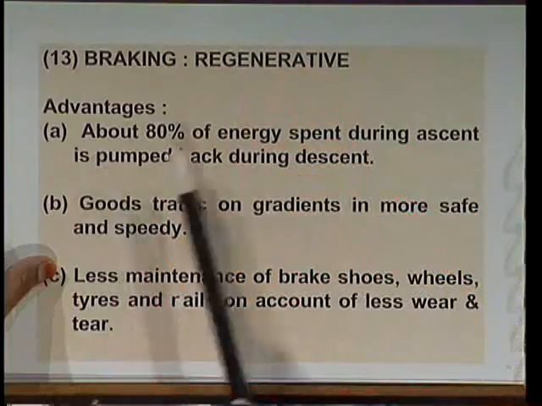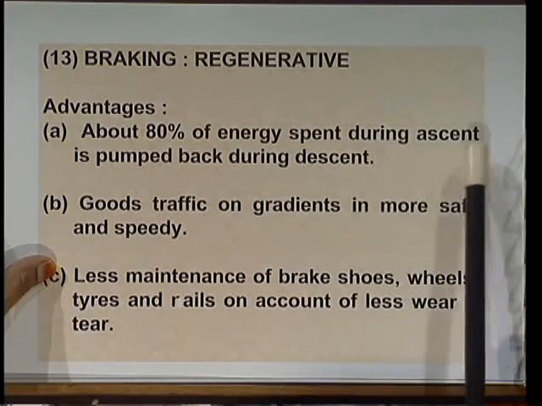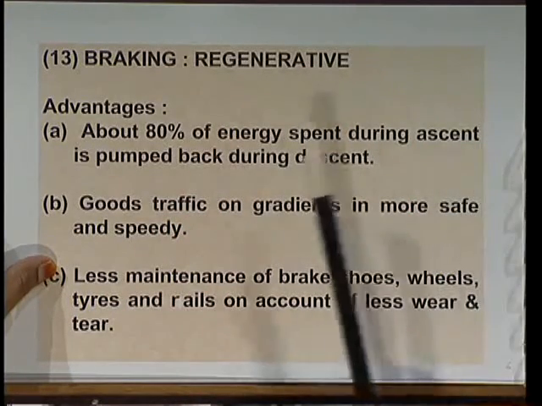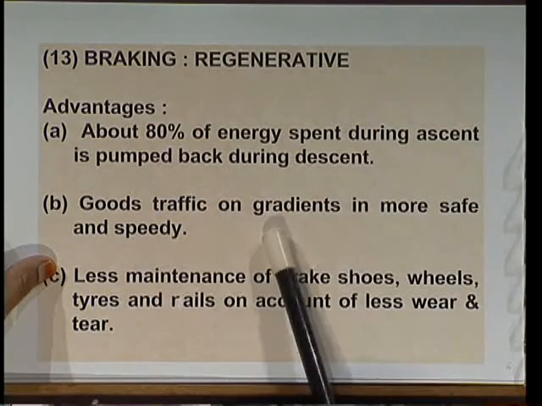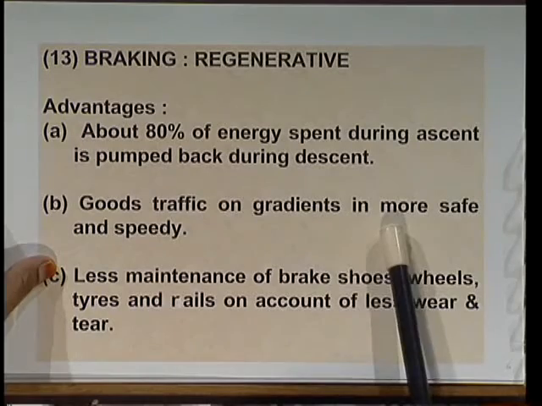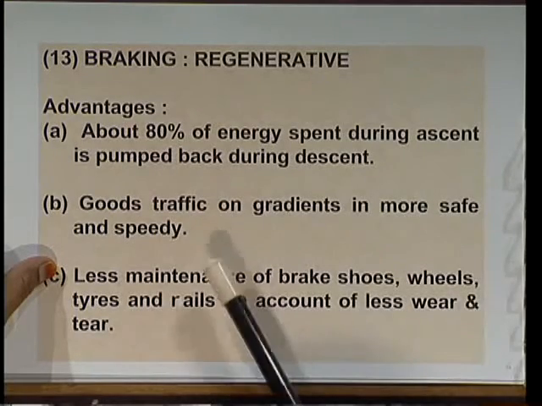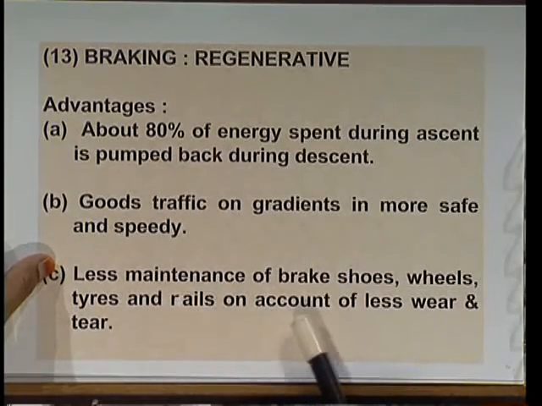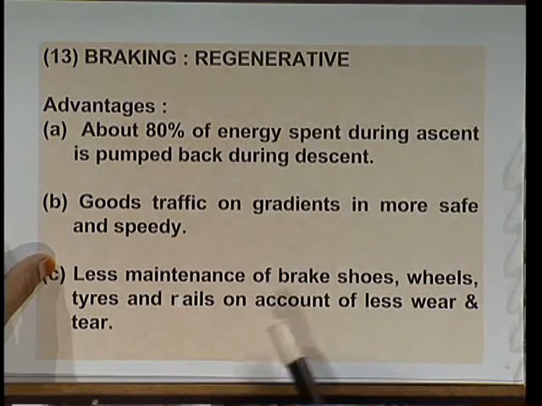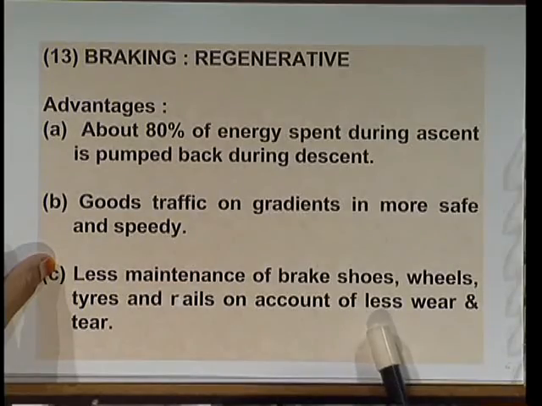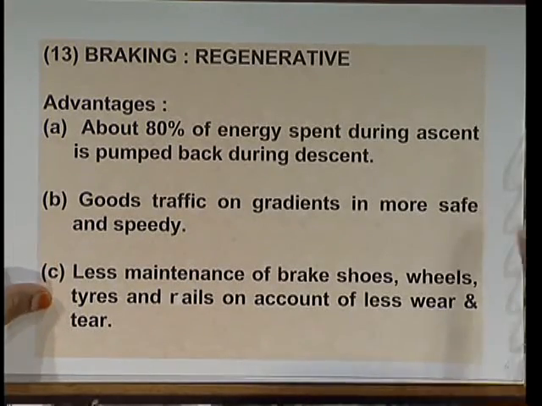The advantages of regenerative braking are: about 80% of energy spent during ascent is pumped back during descent. Goods traffic on gradients is more safe and speedy. Less maintenance of brake shoes, wheels, tires and rails on account of less wear and tear.